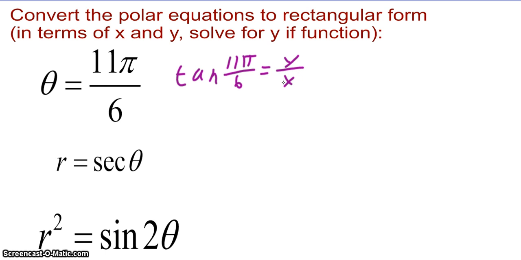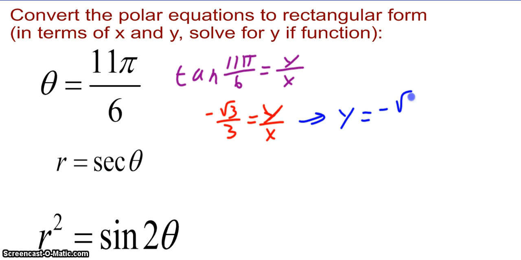Well, what's the tangent of 11 pi sixths? So now using my unit circle, I know negative root 3 over 3 equals y over x. So now if I solve for y, then I know y equals negative root 3 over 3 x.